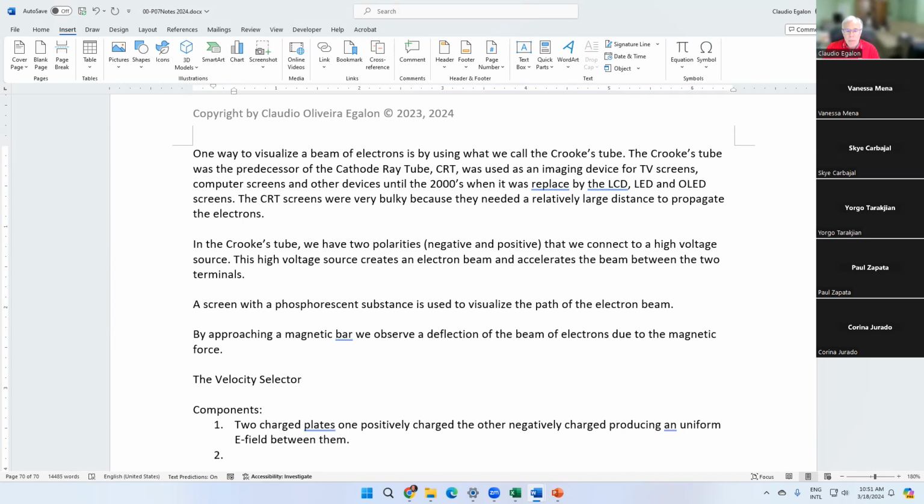Two, a uniform magnetic field perpendicular to the electric field.